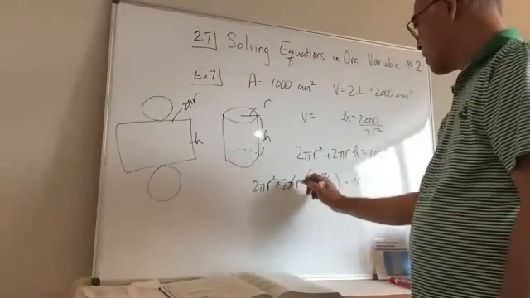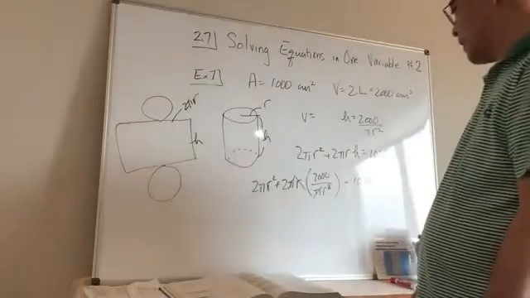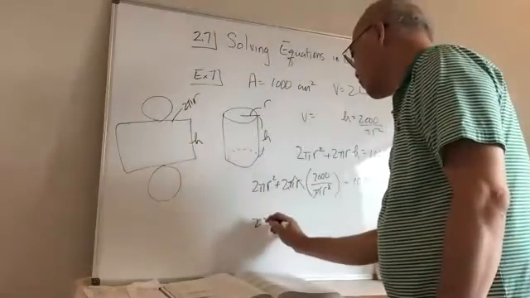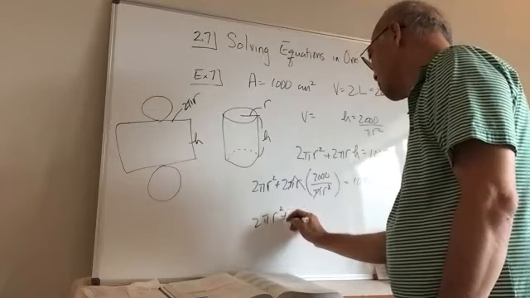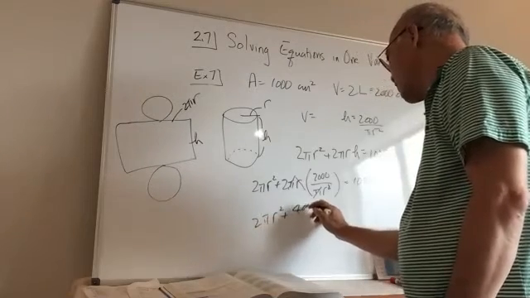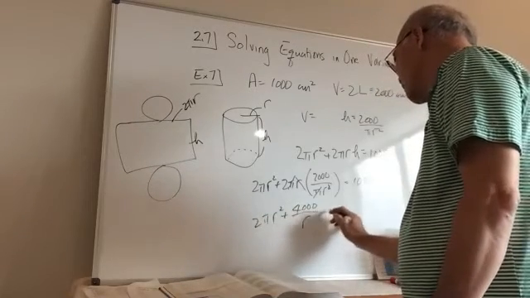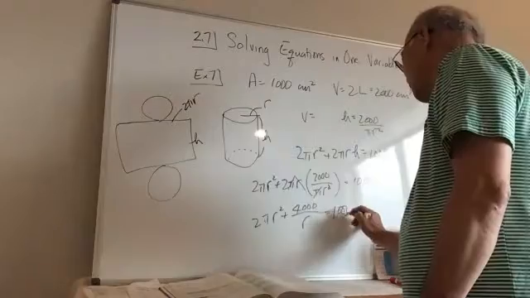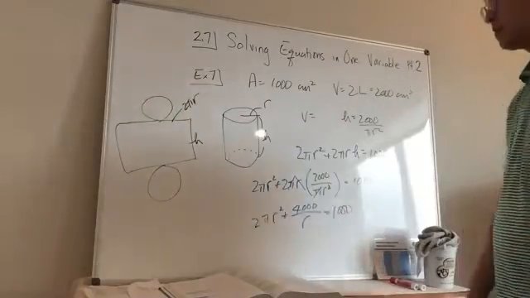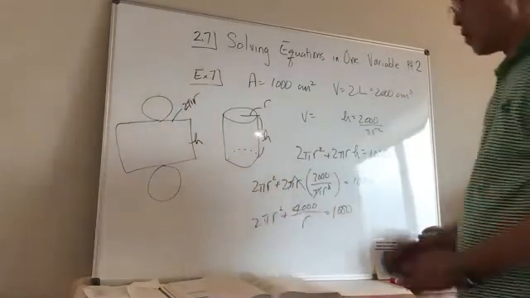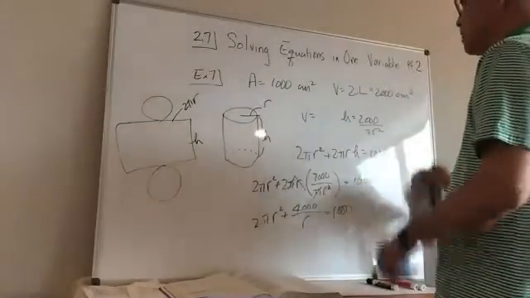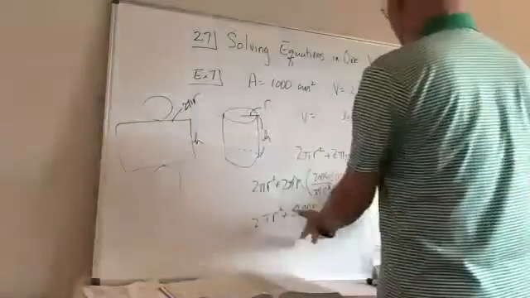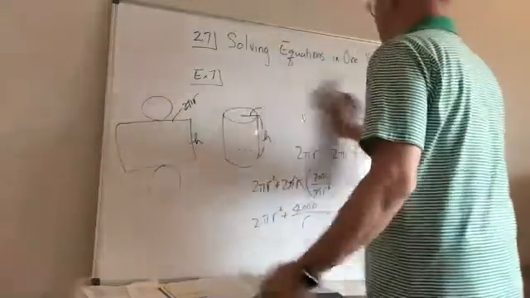Pi cancels out, this r and this r cancel out. 2 pi r squared plus 4,000 over r is equal to 1,000. Okay. So there's no easy way to do this, right? Again, in calculus we'll figure out how to do this, but we don't know how to do this yet.